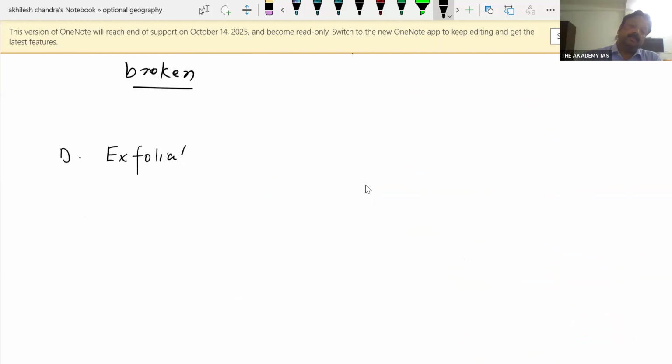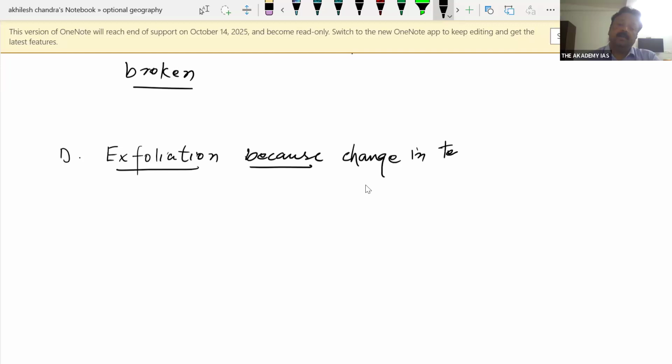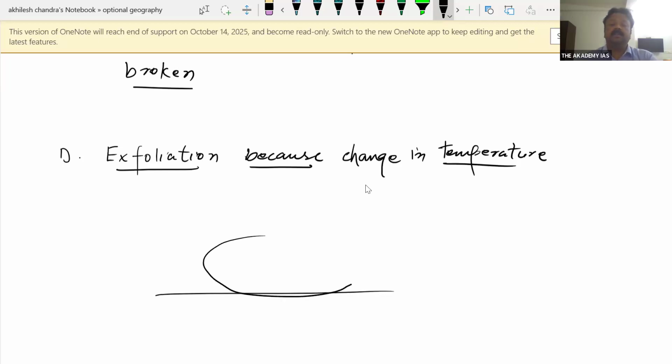Exfoliation because of change in temperature. So let's consider the area which is a desert. So in desert area, suppose that this is the rock.